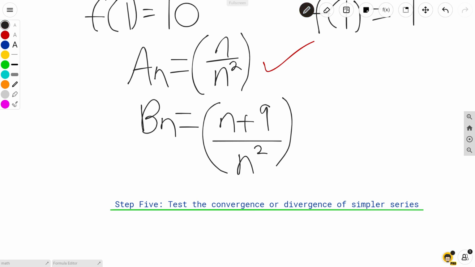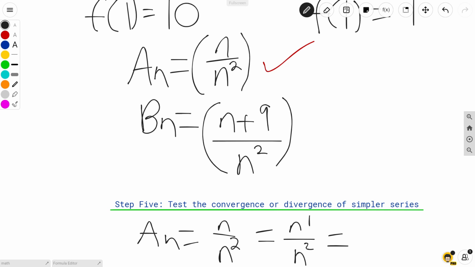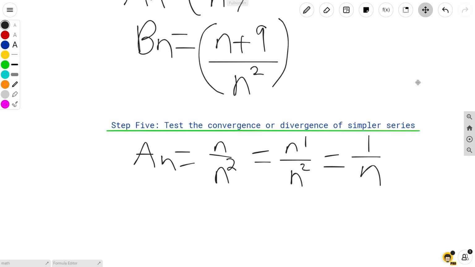So the convergence of a sub n, which is n over n squared. And keep in mind that we can rewrite this as n to the 1 divided by n raised to the second power, which would simply be 1 over n. And this right here is a p-series because it has the form of one over n raised to the p power.